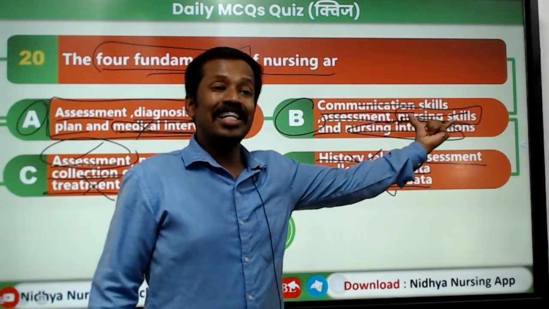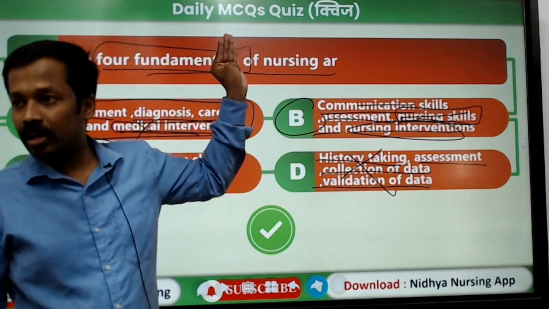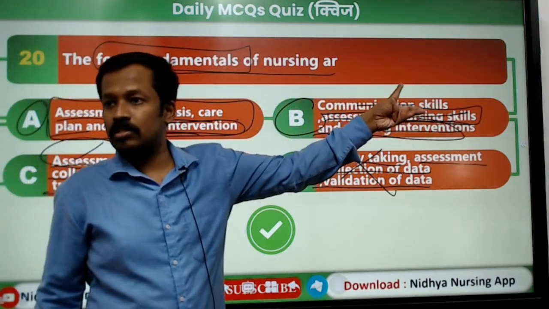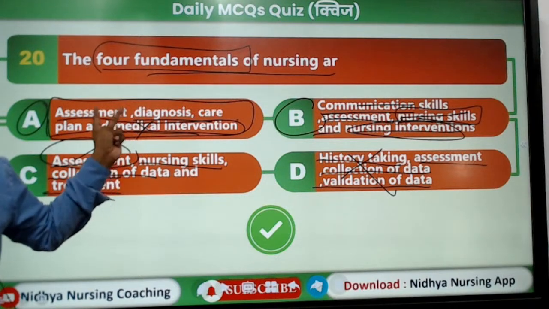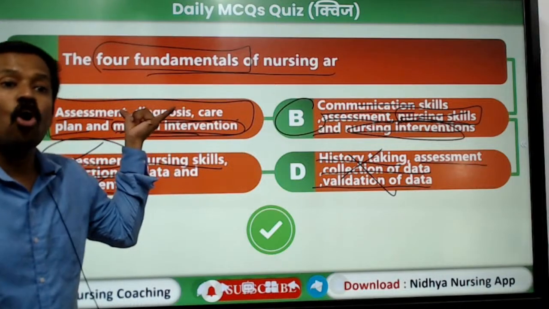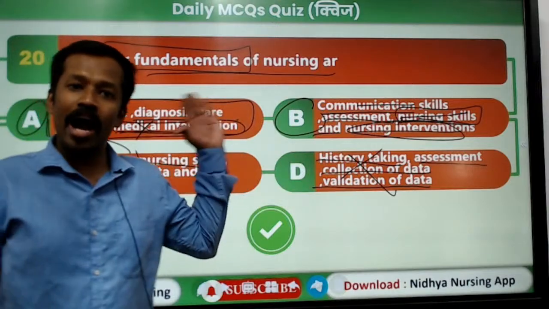Communication skill and nursing skill do not come under the four fundamentals of nursing care. So among these two options, which is more suitable? Option A is more suitable. That is the answer.